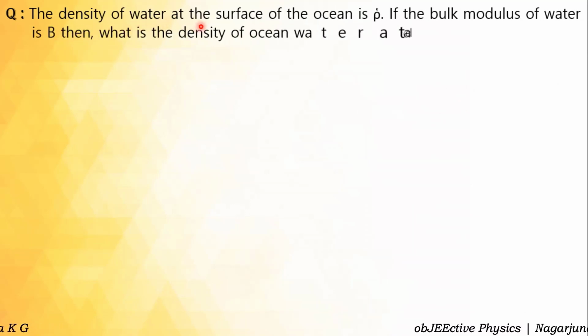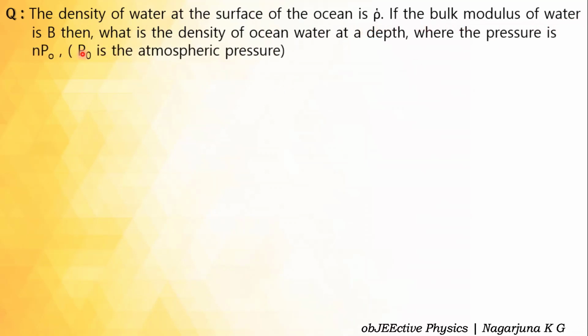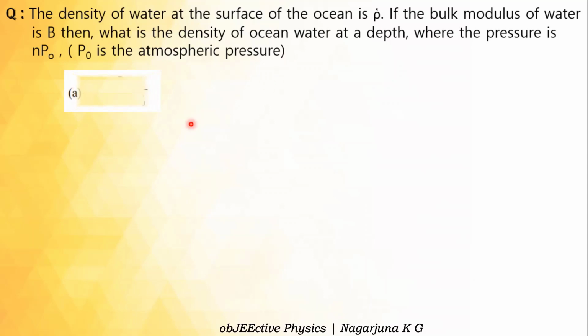The density of water at the surface of ocean is rho. If the bulk modulus of water is capital B, then what is the density of ocean water at a depth where the pressure is n times the atmospheric pressure, that is n into P naught, where P naught is the atmospheric pressure.